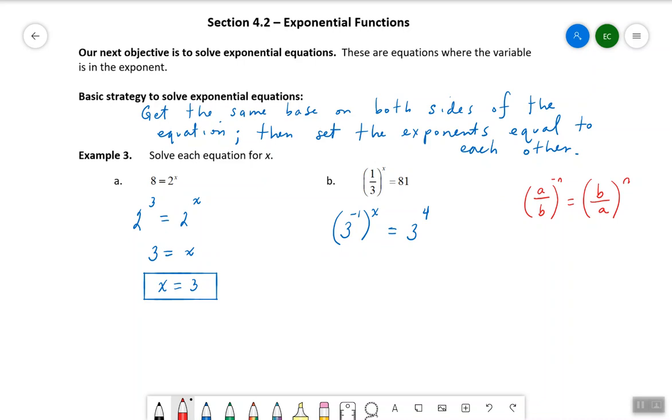Okay. There's another property of exponents we need right now. That property says a to the m raised to the n power is the same as a to the m times n. So here, 3 to the negative 1 raised to the x is the same as 3 raised to the negative 1 times x, or just negative x.